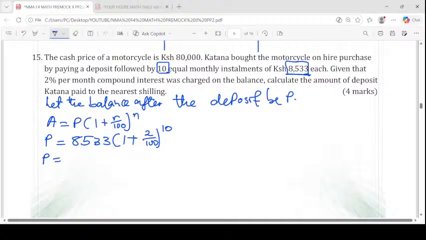I'm seeing people tuning in. That is excellent. I've said let the balance after our deposit be P. After that, P into 1, 2% per month.